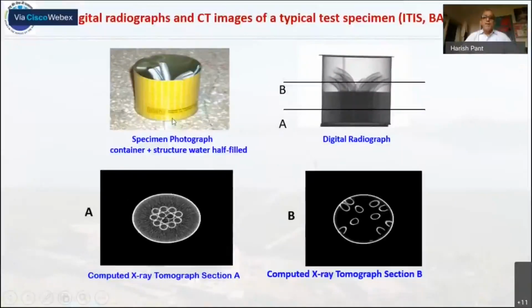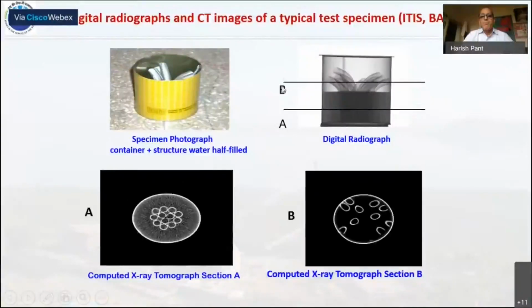But if you take a tomograph at these two different cross sections, one can see how these pipes are distributed across the cross section of this container. At the bottom, that is at location A, these are the pipes, and you can see how they are lying inside this container.